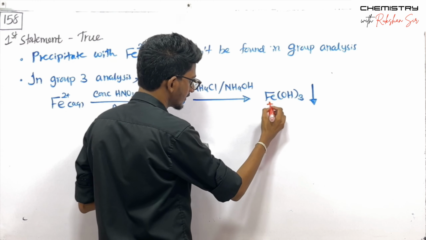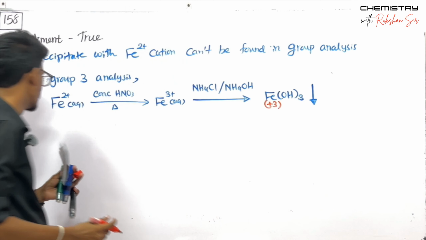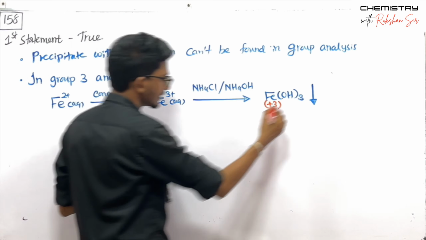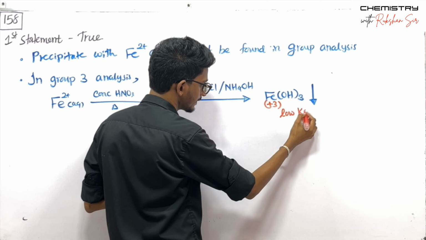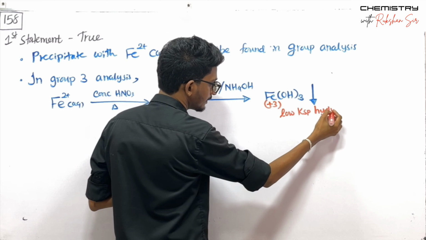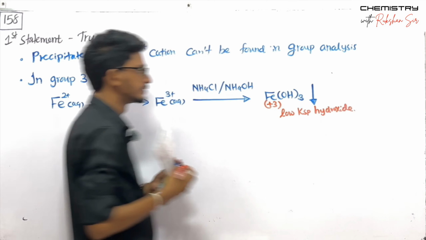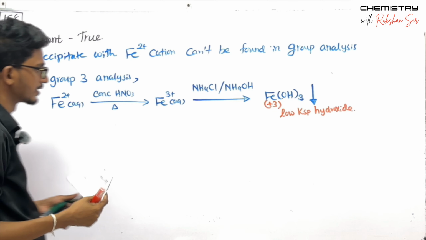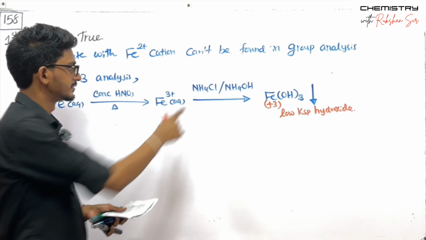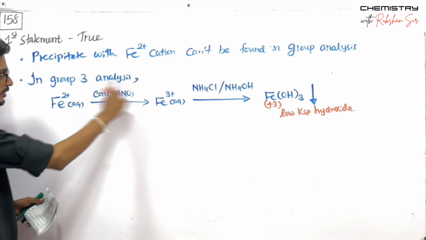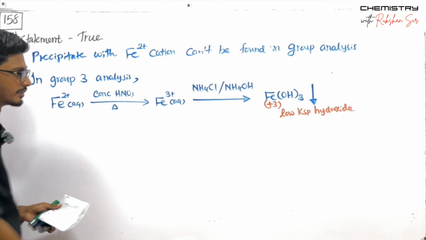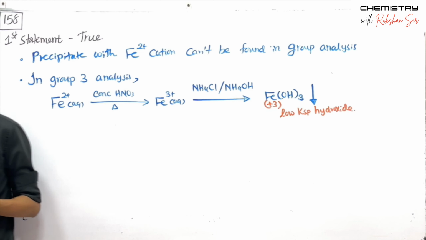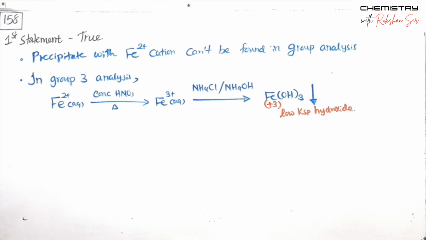That is the fate of the Fe2 plus cations in the group analysis. If Fe2 hydroxide is considered a high KSP hydroxide, it can't be precipitated here. That is why we first convert it into Fe3 plus and precipitate it as a hydroxide. So the first statement can be taken as true, as they do not get precipitated in the group analysis.